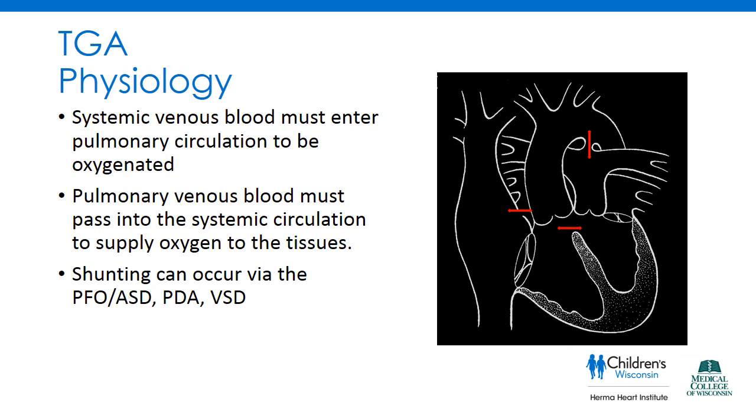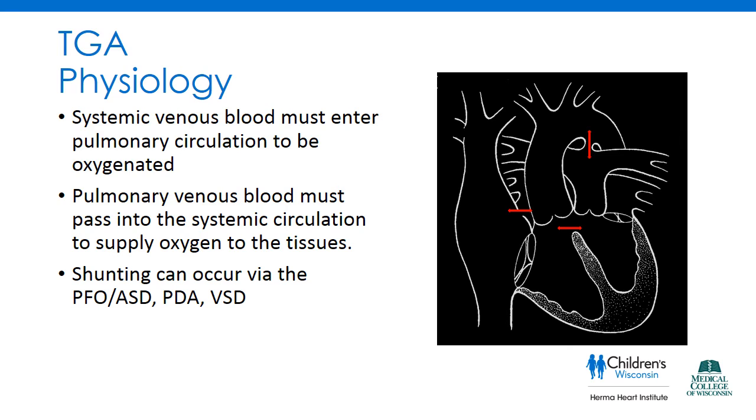So the physiology of transposition of the great arteries, as I said, there must be mixing: the systemic venous blood flow must get to the pulmonary circulation to be oxygenated. So the systemic blood flow that goes out to the aorta has to get to the pulmonary vasculature to get oxygenation and then get pumped back out.